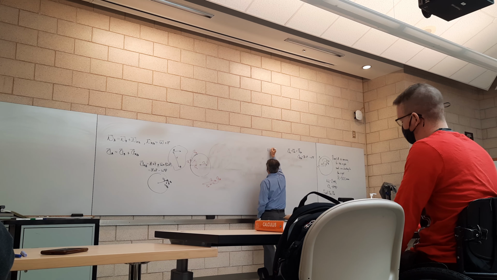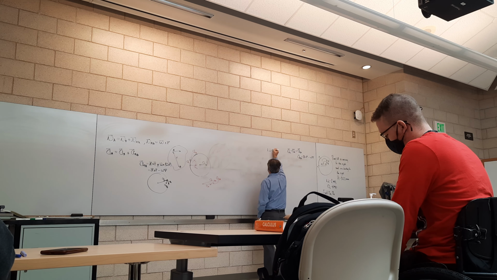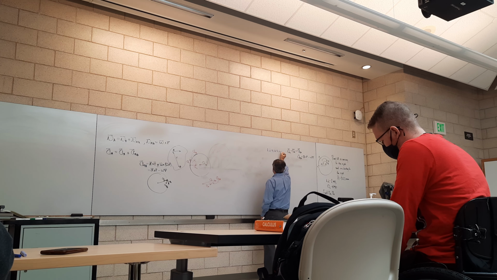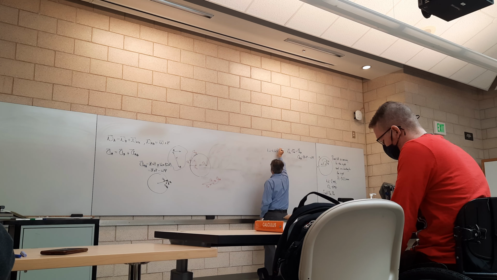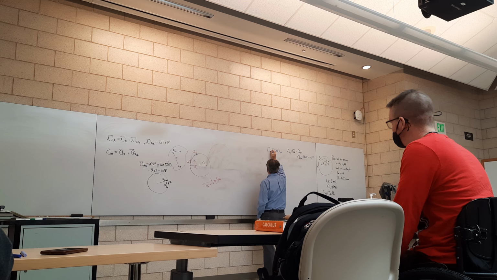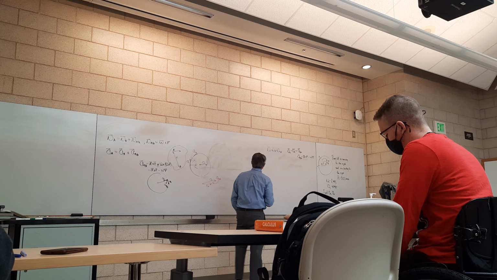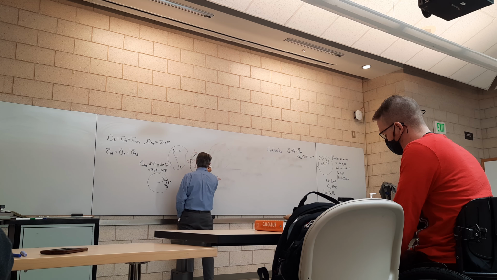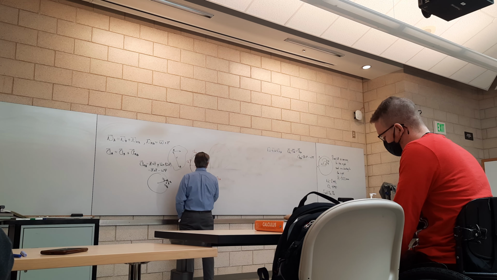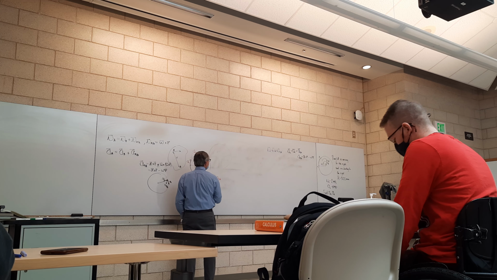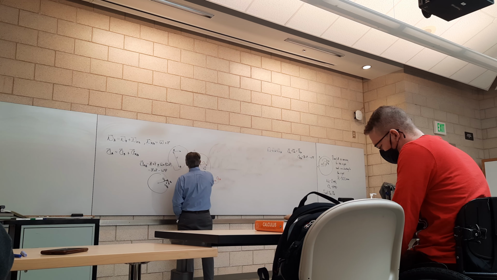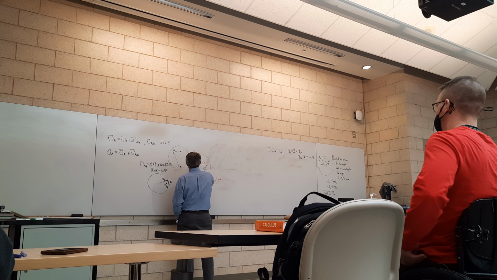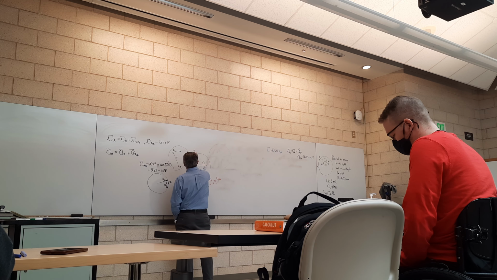Our velocity of C is equal to our velocity of A plus our velocity of C with respect to A. So our velocity of C will also be to the right. Well, we know our velocity of C with respect to A, that's going to be tangential. So let me just put it out here somewhere.